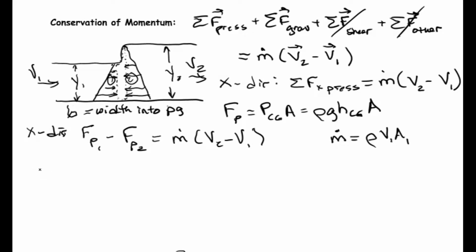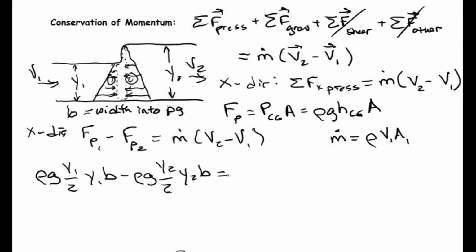So let's do all our substitutions here. Our FP1 is going to be rho g h_CG1. Well, h_CG, remember that's just halfway down, so that's Y1 over 2. And then our area, Y1 times B, minus at 2, similarly, rho g Y2 over 2 times Y2 B. And then that equals rho V1, well, our A1 is Y1 B, times (V2 minus V1).